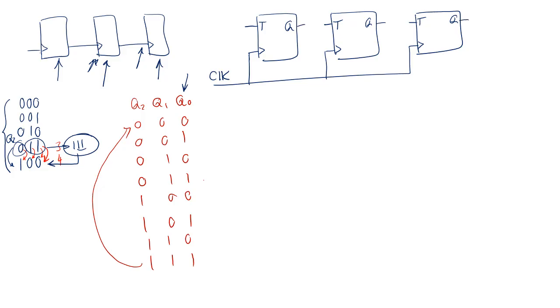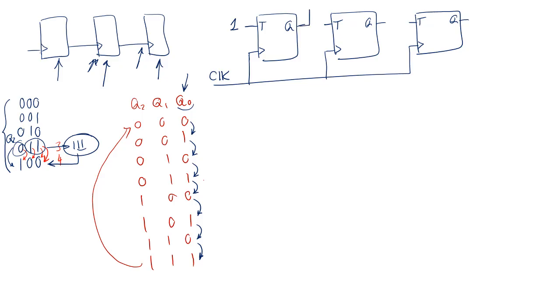Just to give you a hint, looking at Q0, I can solve one of them for you and you can think about the other two. Looking at Q0, I can see that at every clock cycle, it actually toggles. So the least significant bit toggles at every clock cycle. Therefore, I can just simply connect the T to 1, and Q0 is going to be correct all the time.